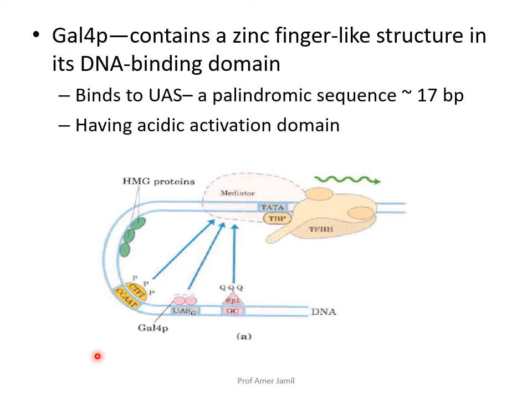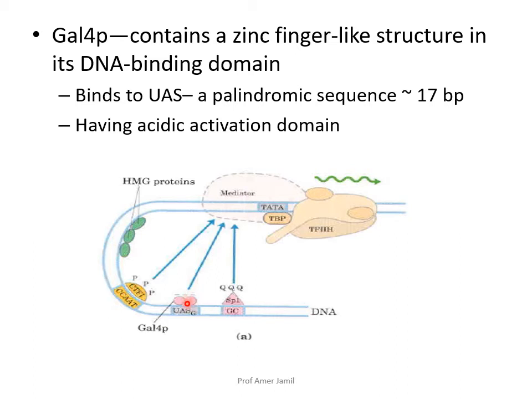Here you can see some examples of activator proteins. They are bound to the UAS, the upstream activator sequence. If we take the example of GAL4P, which is for galactose metabolism, it contains a zinc finger-like structure in its DNA binding domain.